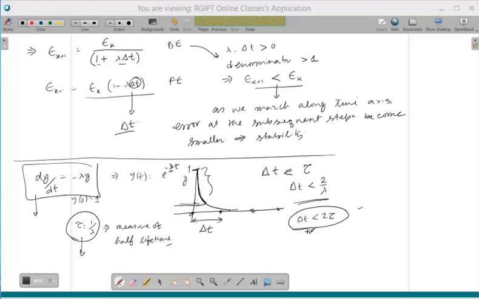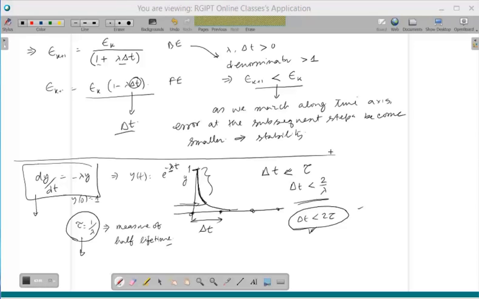If something is happening very fast and you are sampling at a very slow rate, you will be missing a lot of information. If you are too sluggish and sample the phenomena at very large time steps, you will be missing the actual phenomena. So you have to keep pace with the phenomena. That's the basic idea.